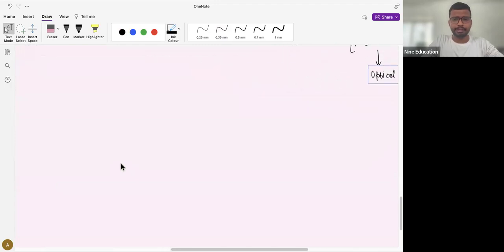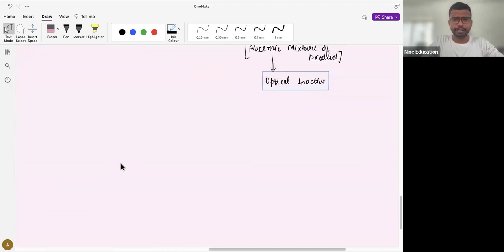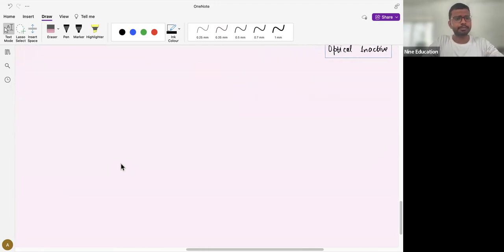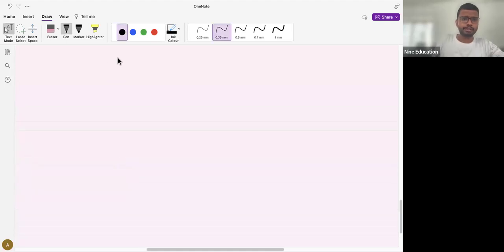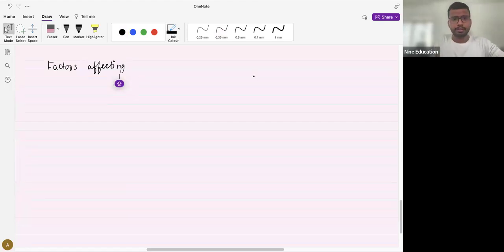So now you know the mechanism of the reaction, now you know the free energy diagram, and now you know the stereochemistry of it. Now we will see the next thing, which is factors affecting SN1 reaction.